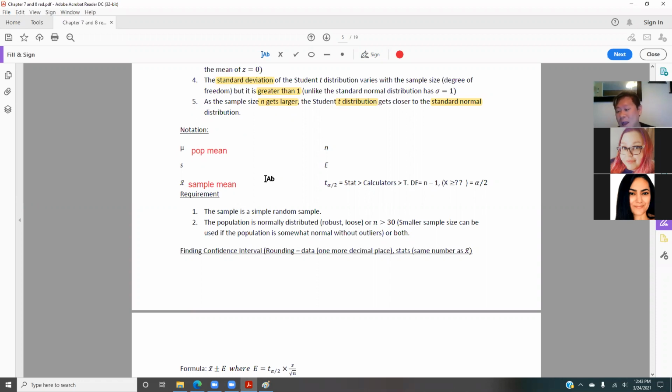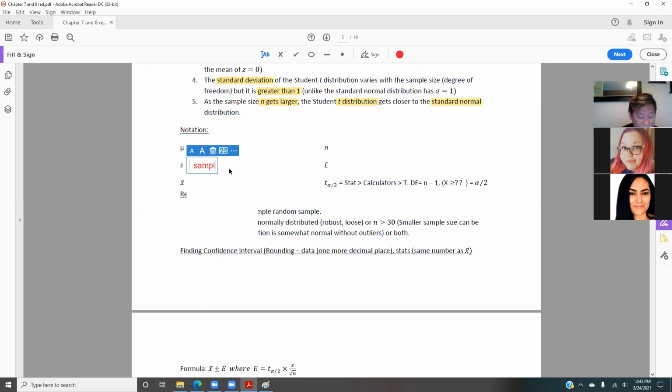In statistics, population symbols are all going to be Greek letters, like mu, sigma, alpha, beta. If it's in the alphabet A, B, C, D, E, then it will be a sample, like X bar is the sample mean, P hat is the sample proportion. And P is the population proportion. Make sure you understand this.